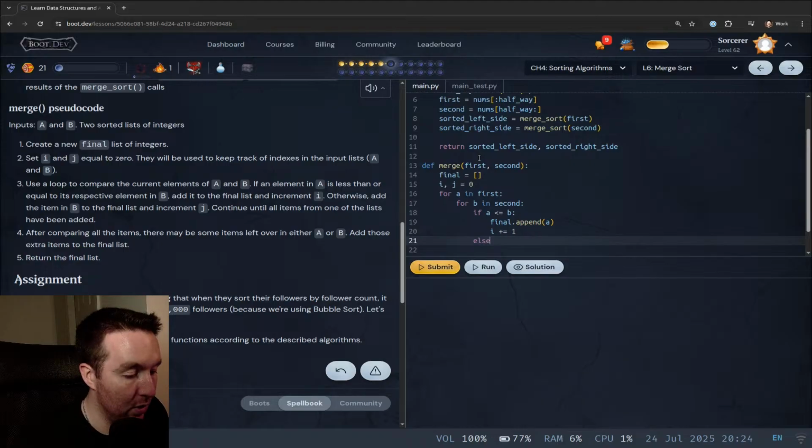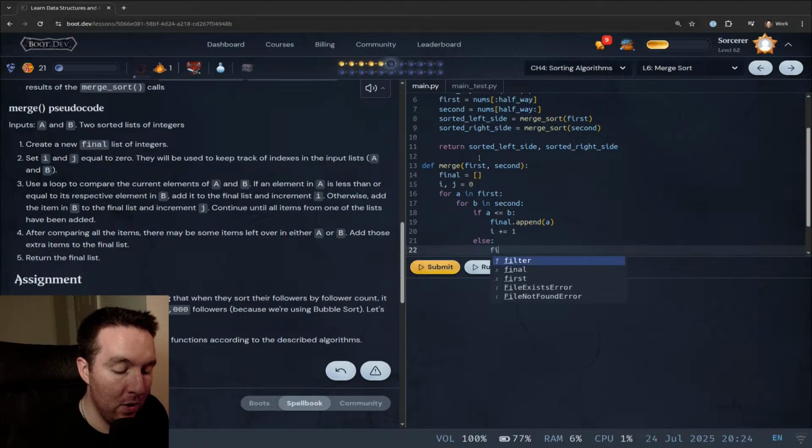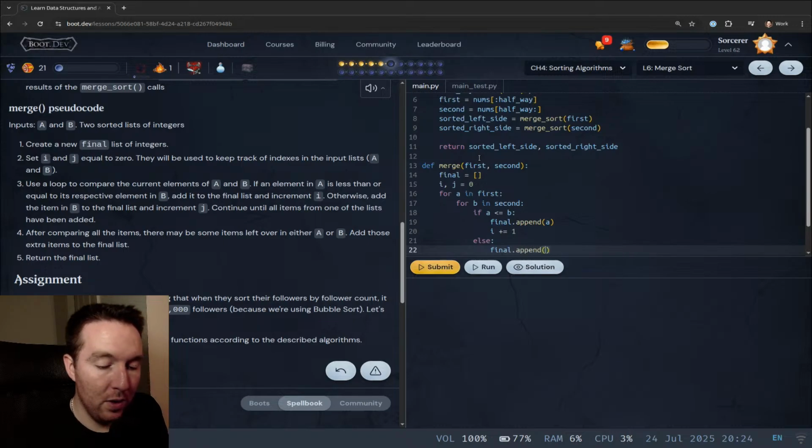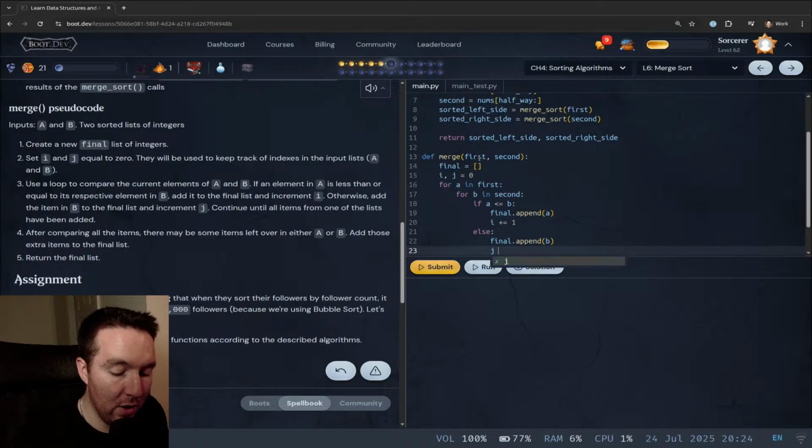Else, final.append(B), and then increment j, so j plus equals 1.